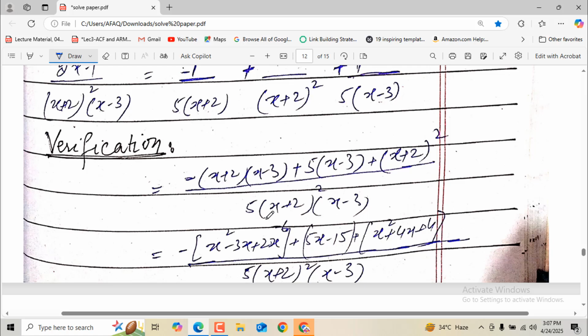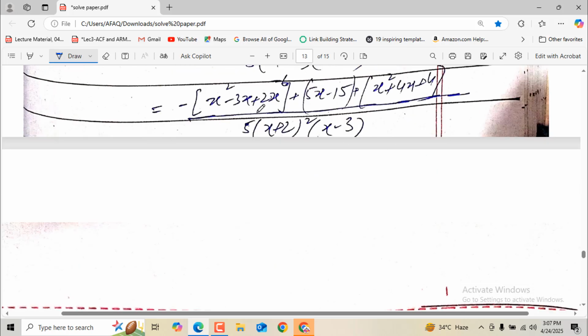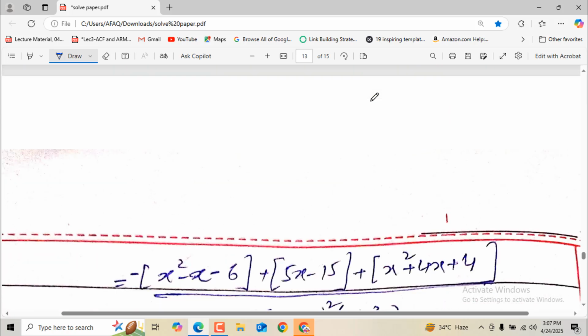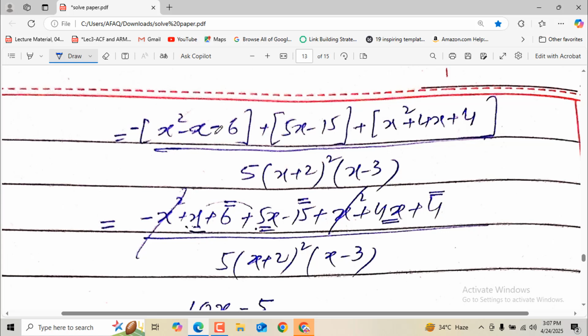Taking LCM of both sides: -(x + 2)(x - 3) + 5(x - 3) + (x + 2)^2 over 5(x + 2)^2 (x - 3). That is -(x^2 - 3x + 2x - 6) + 5x - 15 + x^2 + 4x + 4.